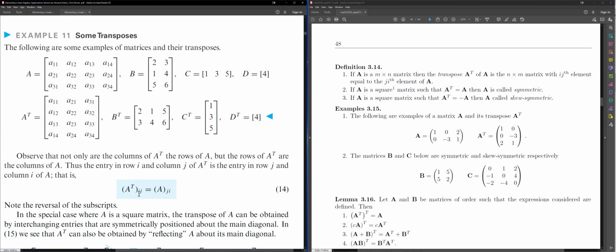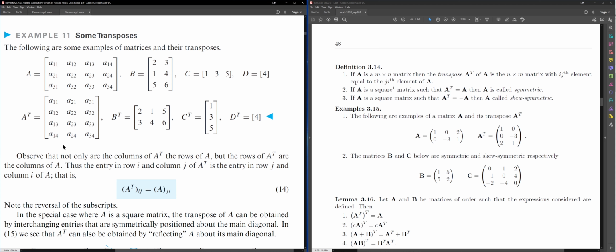So if I look at A transpose and the element in the first row and second column, that's going to be equal to the element in A that's in the second row and first column. That's what is going on here.